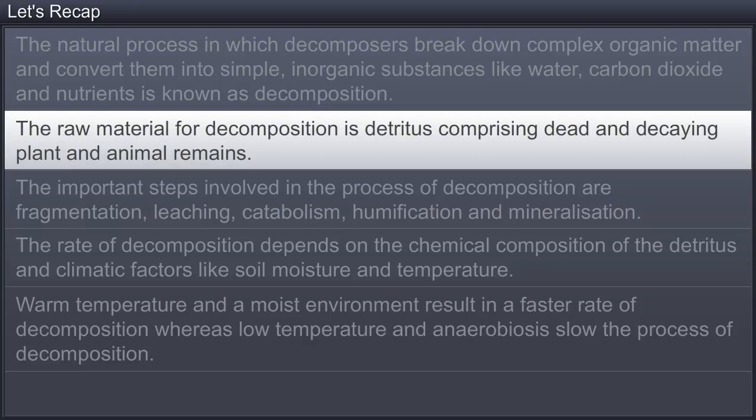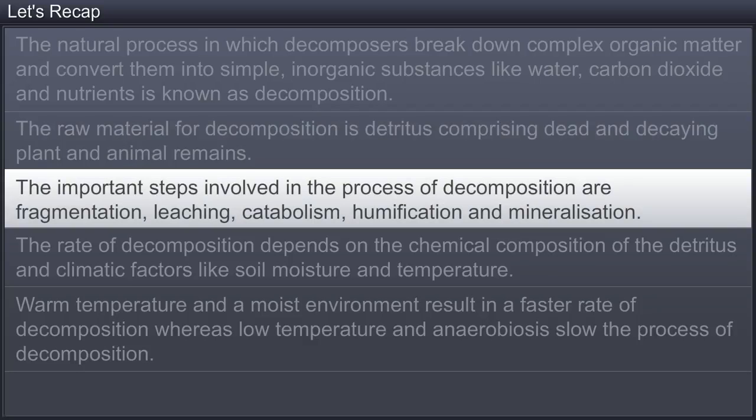The raw material for decomposition is detritus, comprising dead and decaying plant and animal remains. The important steps involved in the process of decomposition are fragmentation, leaching, catabolism, humification, and mineralization.